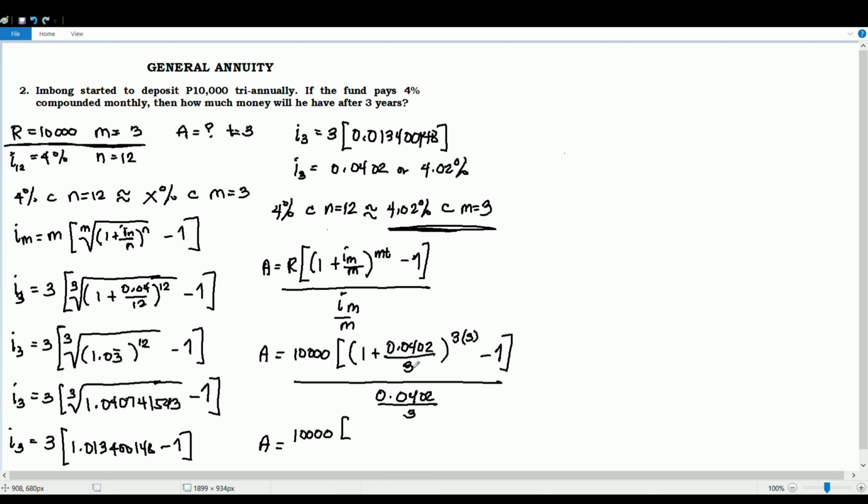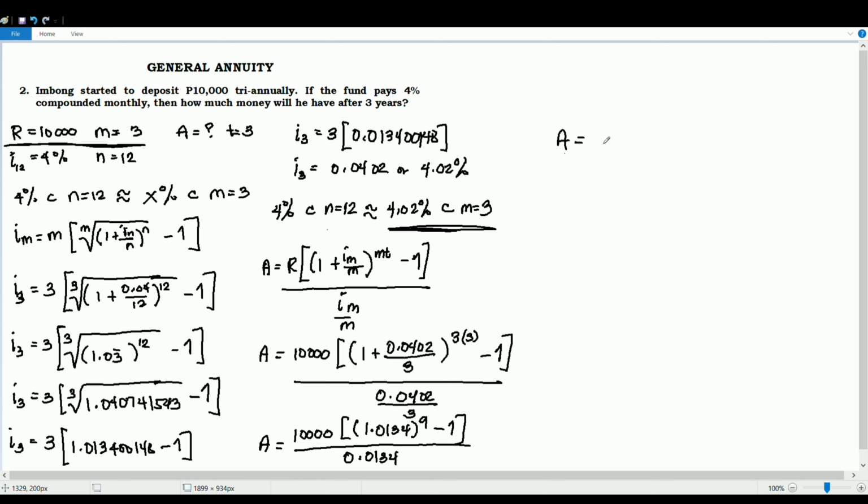So we have 10,000 times 1 plus 0.0402 divided by 3, which is 0.0134. So this is the same as 1.0134 raised to 9 minus 1, all over, dividing the numbers in the denominator, 0.0134. So let's continue.